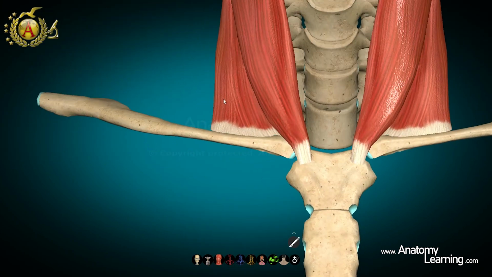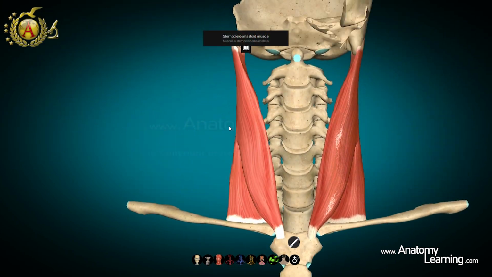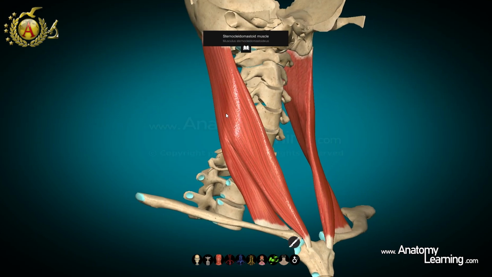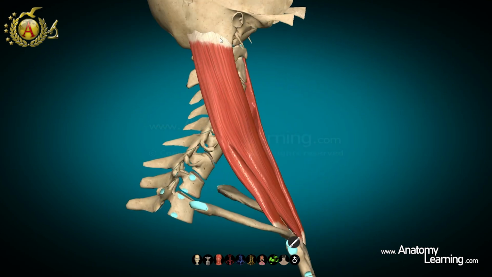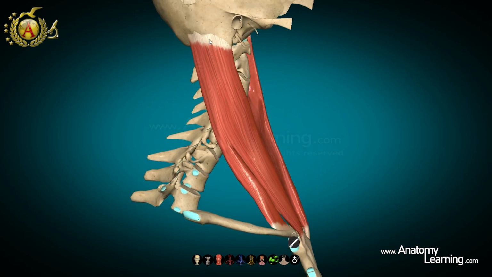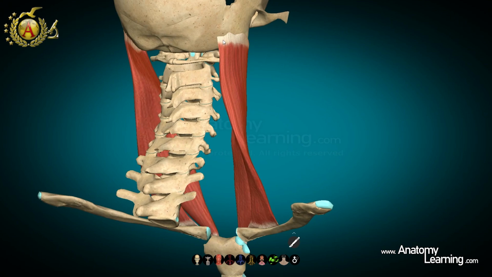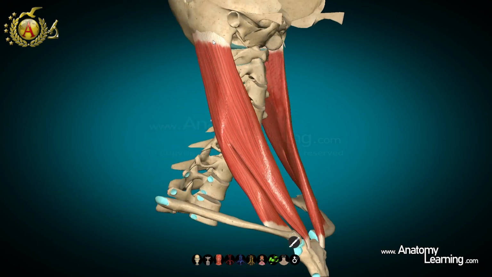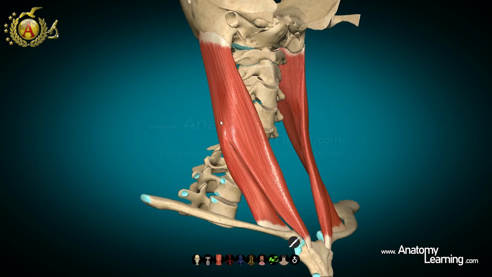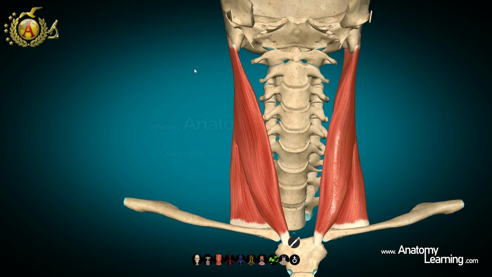The 2 heads join into one large muscular belly, which then generates a large tendon that inserts on the mastoid process of the temporal bone and on the outer third of the nuchal line of the occipital bone. When contracted, this muscle flexes and tilts the head sideways, making it rotate in the opposite direction.